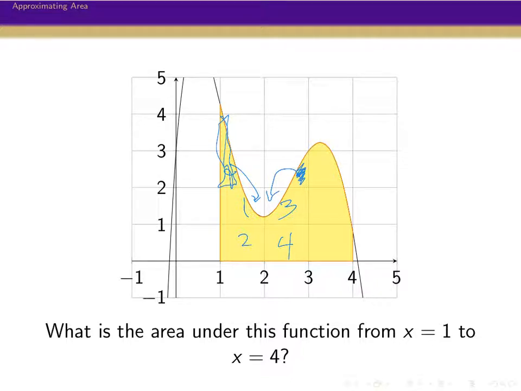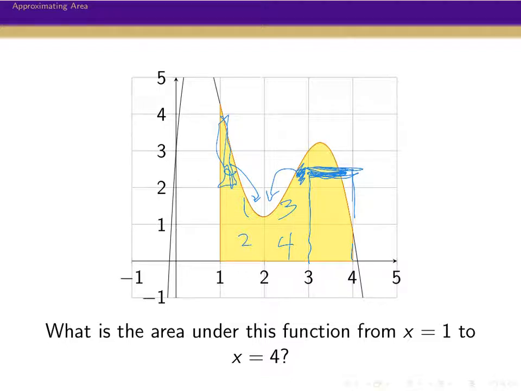There's definitely a little bit less than it. But I would say maybe there's another 2.5 rectangles between 3 and 4. If I took that height right there, 2.5, it looks like the area of that rectangle is equal to the area of the yellow region there.